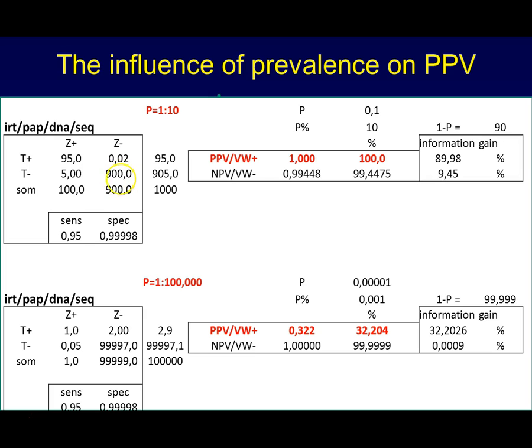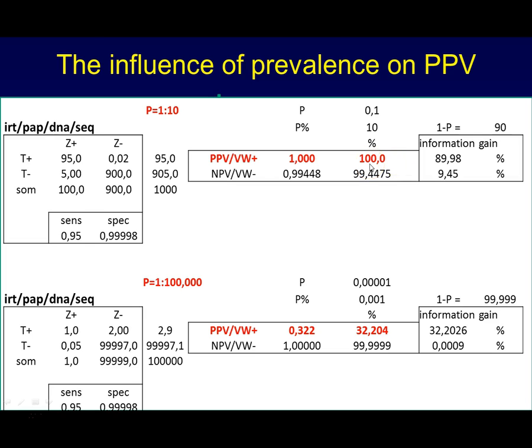With a very high specificity and many subjects without the disease, we will find 900 subjects, rounded, with a negative test that are healthy, and also a very small amount of subjects that have no disease but have a positive test. This means that almost any subject with a positive test has the disease, and this is shown in the positive predictive value, which is 1, resembling 100%.